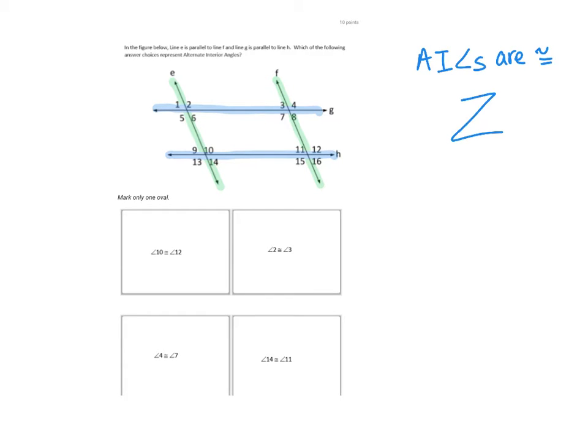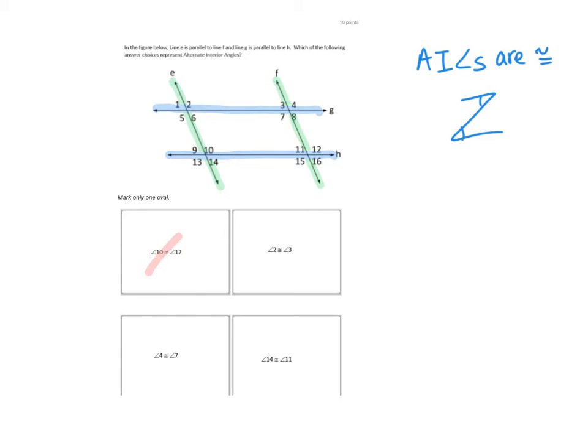They form a Z. So let's look at angle 10 and 11, which is the first option. 10 and 11 form a C. So they are same side interior angles and they add up to give you 180. So that is incorrect.